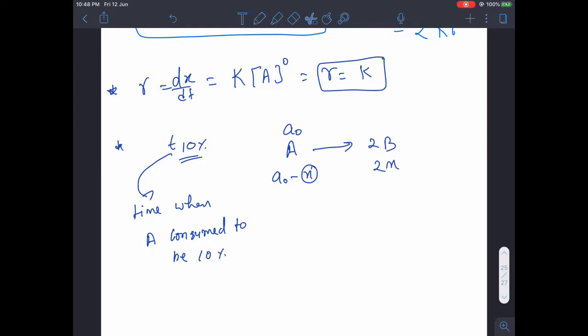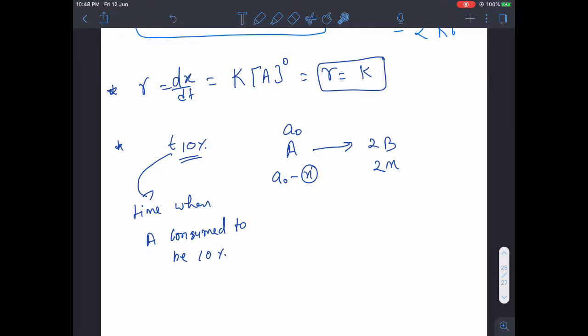It means this x value is actually 10% of the overall value. Whatever time it is going to take, that is known as T 10%. In another word, you can say it is the time when 10% of the reaction is complete.